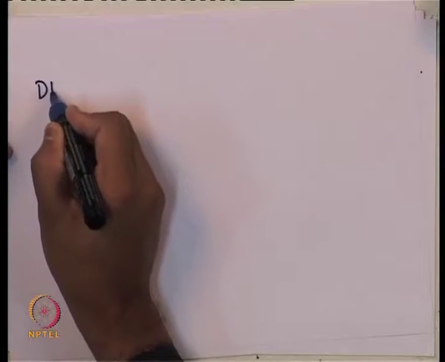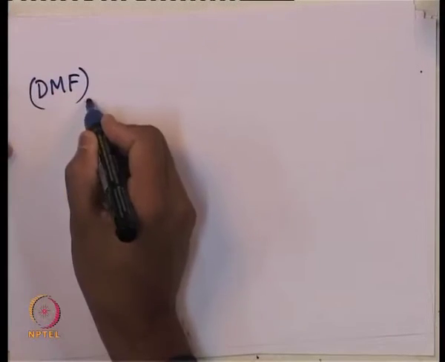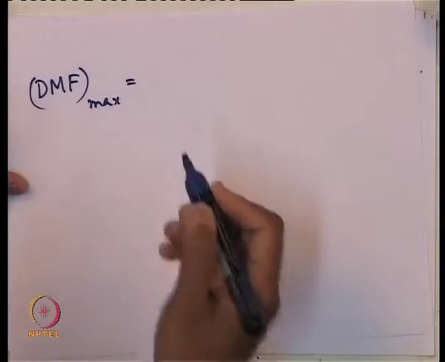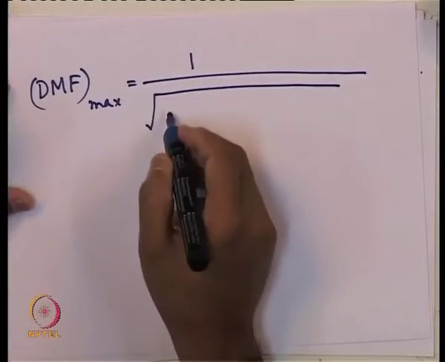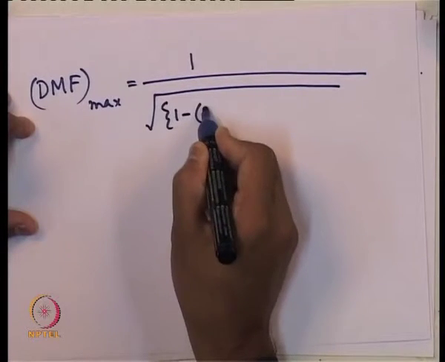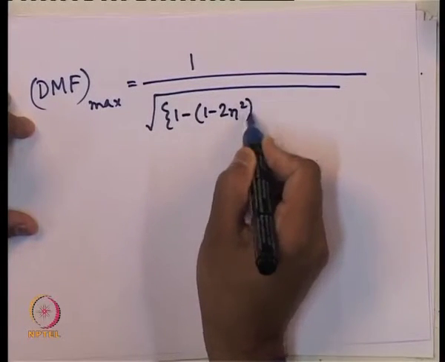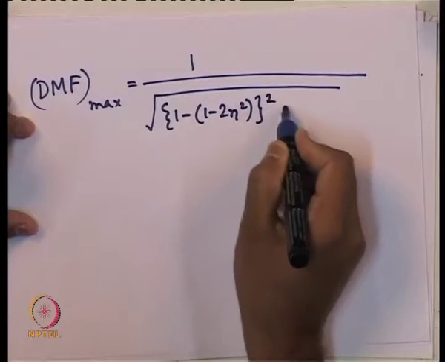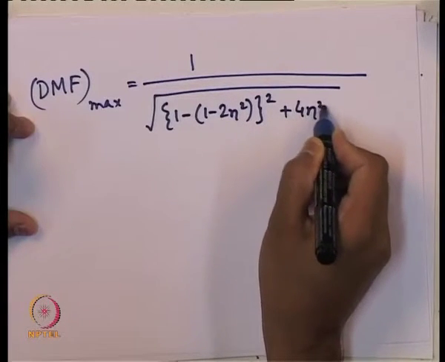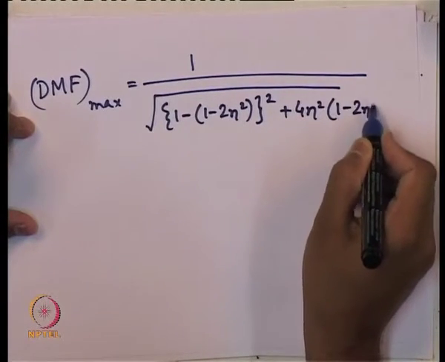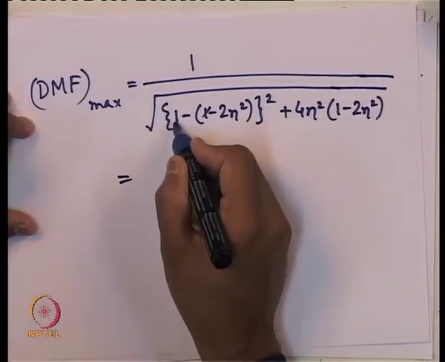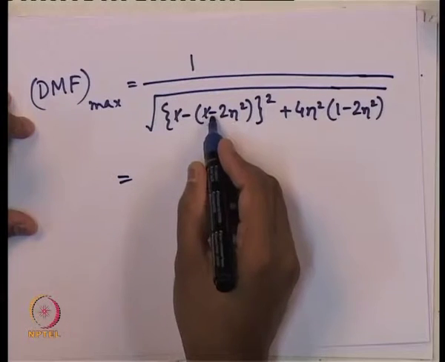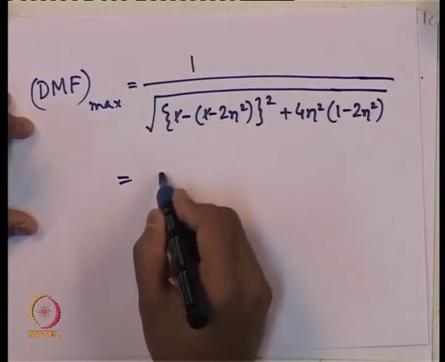DMF max is now 1 over root over (1 minus (1 minus 2 eta square)) whole square plus 4 eta square (1 minus 2 eta square). This gets cancelled, this becomes plus 2 eta square.